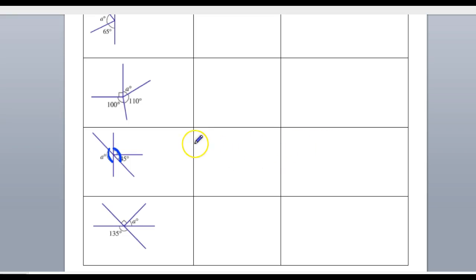So you've got vertically opposite. So A is equal to, you can see in there still there's a 90-degree angle plus 45. So A is equal to 135 degrees.